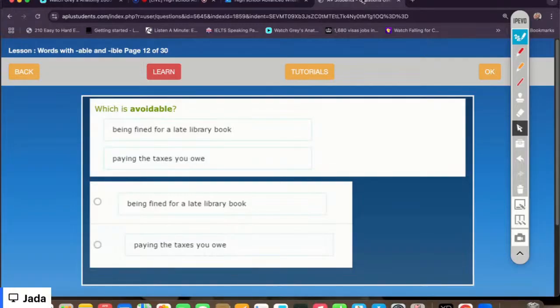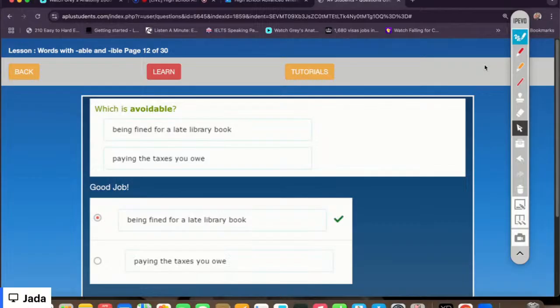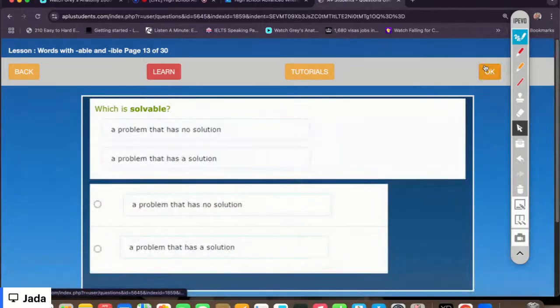So the one that is avoidable is being fined for a late library book. So you can avoid that. Okay.